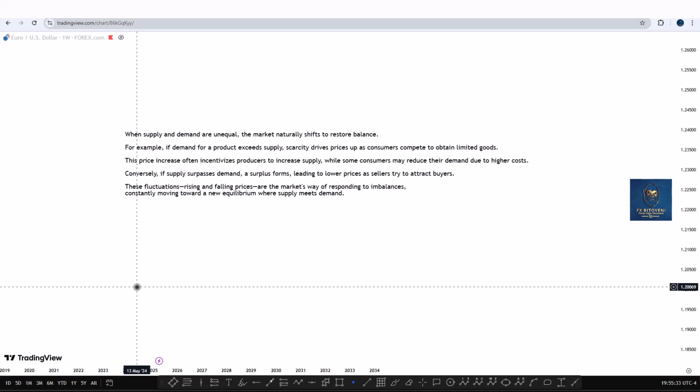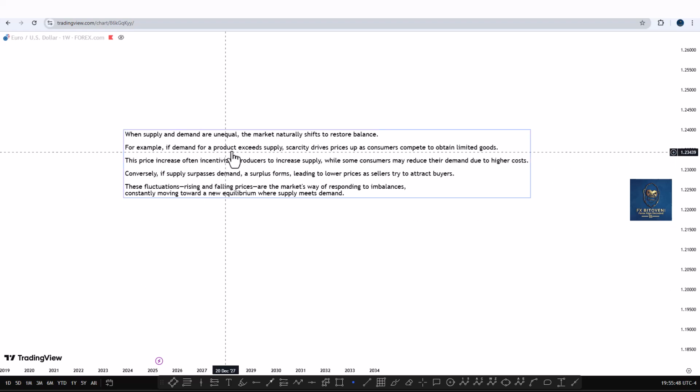If you are looking for sneakers and there are not many, that type of shoes must be expensive. So scarcity drives price up as consumers compete to obtain limited goods.